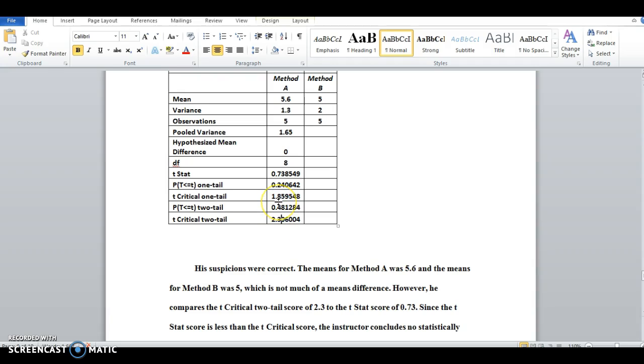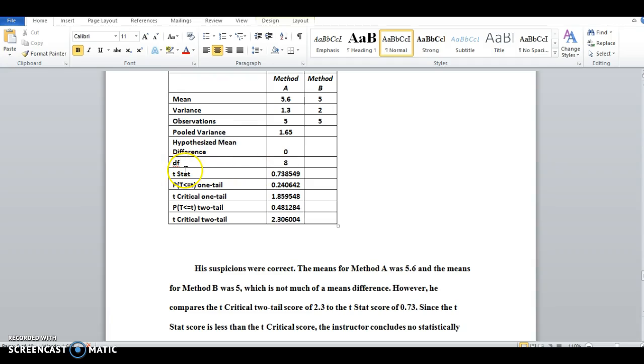Since the t-stat score is less than the t-critical score, what does that mean? Since this score is less than 2.3, see the test statistic, that's what we have in our Excel output, the t-stat.